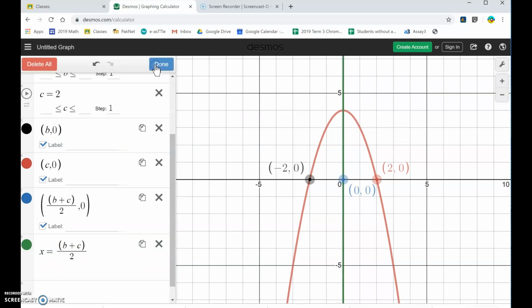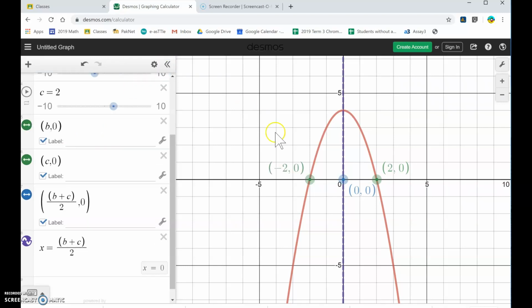And given that it's a feature of the graph, I just want to have a dotted line, right? So that there, with our intercepts, I think we'll make them both green. How about that? Those are my 2 green intercepts. Done. Okay. So what I've got here with this purple line is the line of symmetry of the parabola.